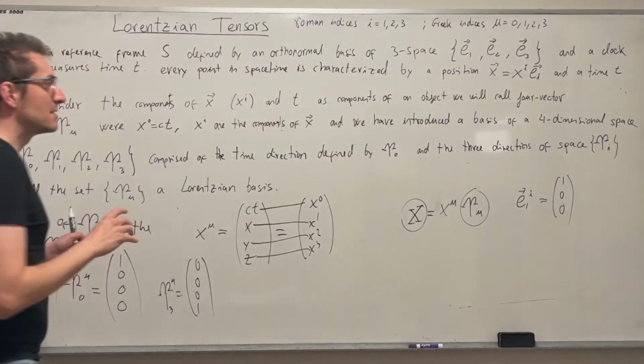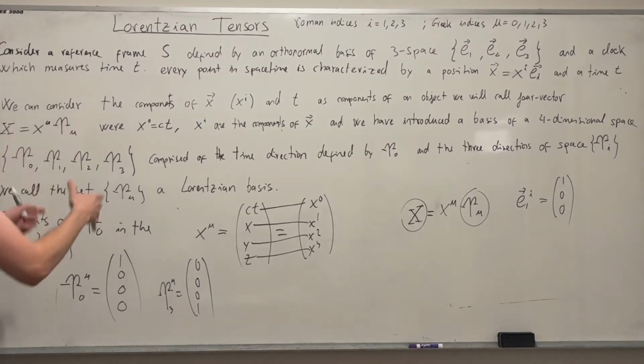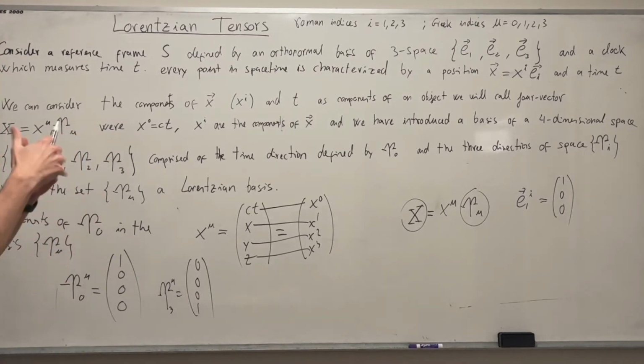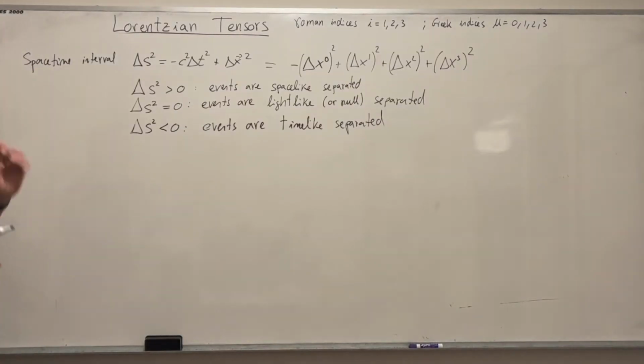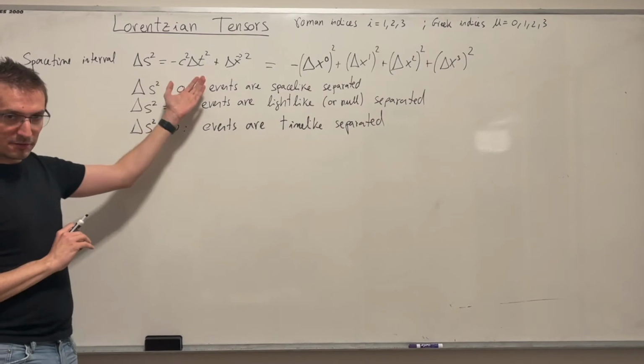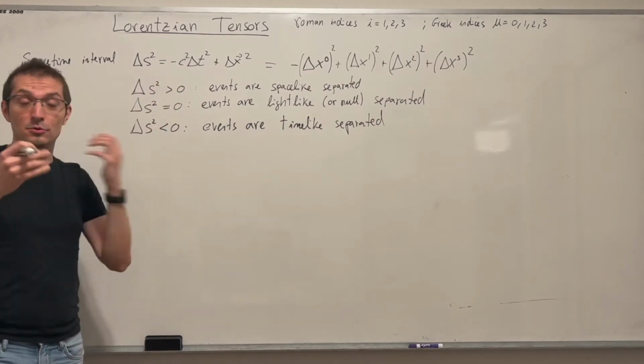Now that we understand how to build this vector space that represents points in space-time, let's revisit the line element and learn something about the way we can write this. First, let's review the space-time interval, which is defined between two events.